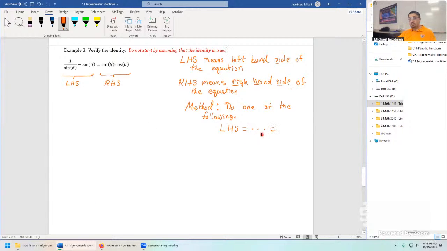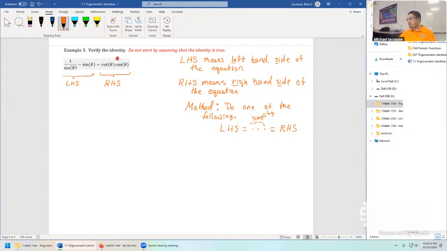So this is us simplifying the equation until it ends up as the right-hand side. The moment you can link up one part of the equation, do a whole bunch of algebraic simplifications, and it ends up as the other side of the equation, your work is totally done right at that stage.